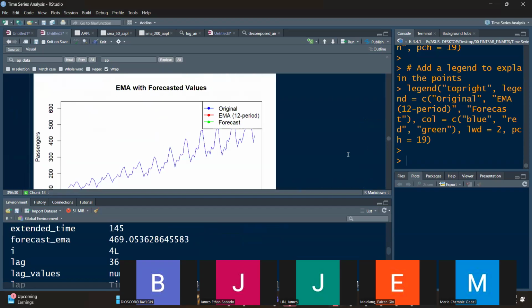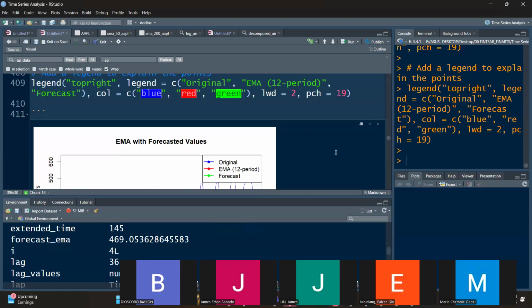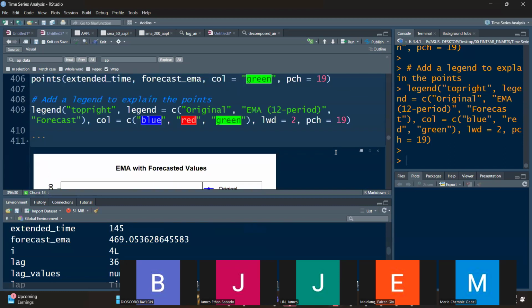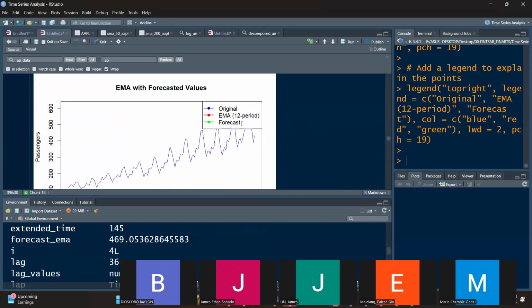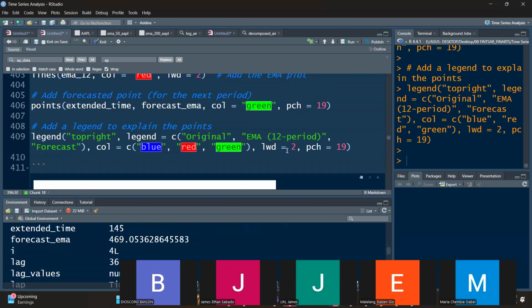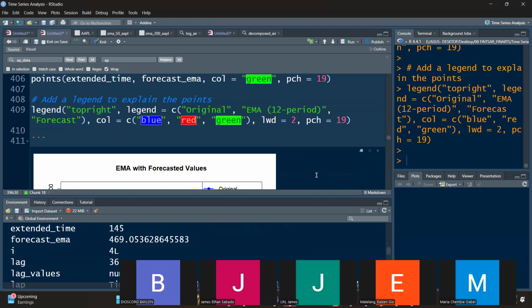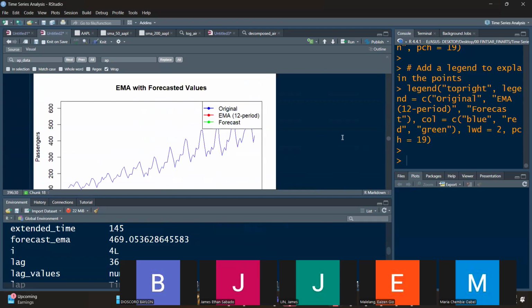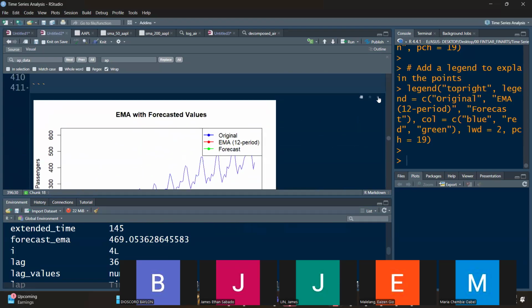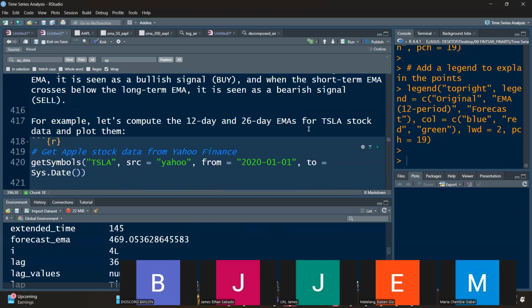Sorry about this, I will have to check this. It should show the forecast value. However, in our plot here, we have the original, but the EMA 12 period did not show, and the forecast did not show. I will have to check our code for that.